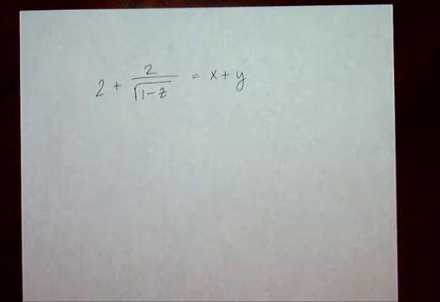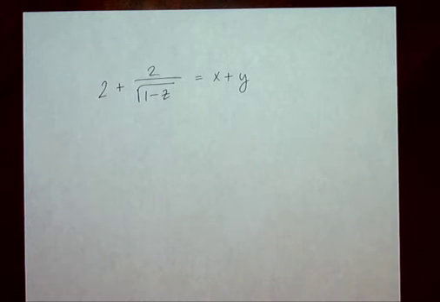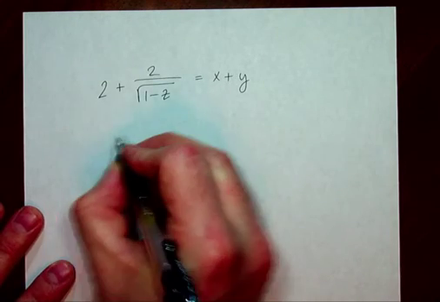Well, that winds up being a little bit pesky, okay? There are a couple different ways that you can deal with that. You could actually transform this expression into a radical and turn the numerator into the square root of 4, so that it's the square root of 4 over 1 minus z. That doesn't seem like it's worth the trouble.